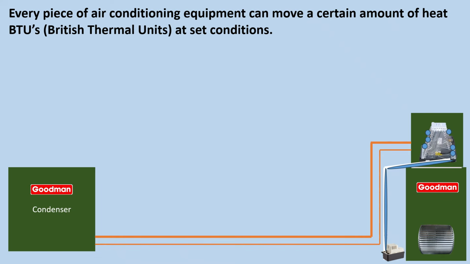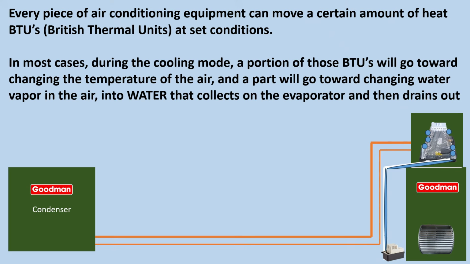Every piece of air conditioning equipment can move a certain amount of heat, BTUs, British thermal units, at set conditions. In most cases, during the cooling mode, a portion of those BTUs will go toward changing the temperature of the air, and a part will go towards changing water vapor in the air into water that collects on the evaporator and then drains out.